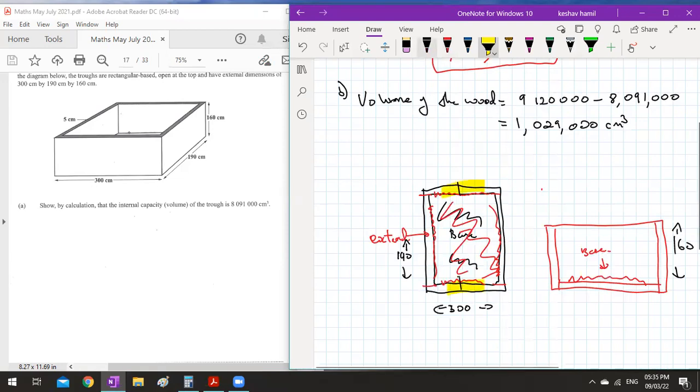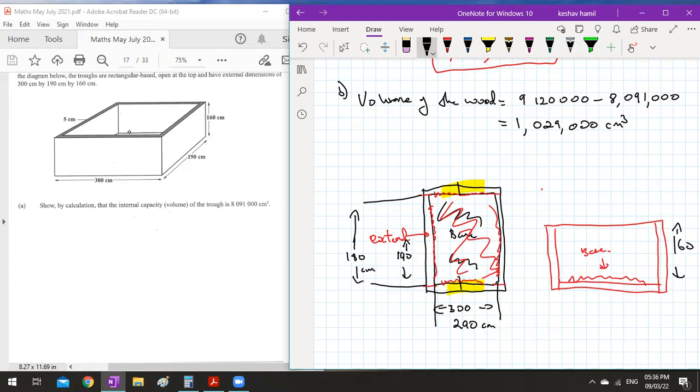So this wall is officially 180. Same thing will be on this side because it's a rectangular base. Similarly, on this side, we'll be losing 5 centimeters on both sides, so it will be 290.